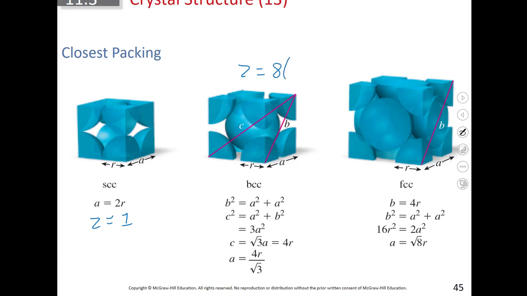Each of the corners has what fraction of its mass inside? 1/8, good. And then I have one more atom, that's the body atom. That's one right in the center. What fraction of that atom is inside? All of it. So what's Z going to be for the body-centered? 2, good.